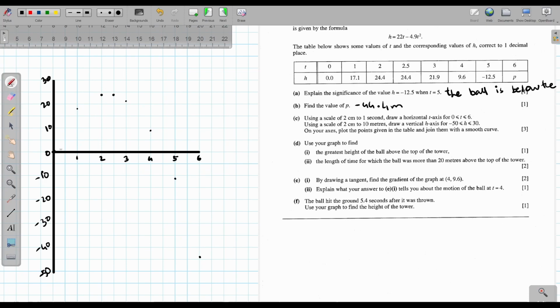Now this might take me a few tries, so there might be a cut. Okay, I think that's the best I can do. Obviously, it's not that great, but it might still be able to help us out. The greatest height of the ball: use your graph to find the greatest height of the ball above the tower. So for me, that's going to be around here.